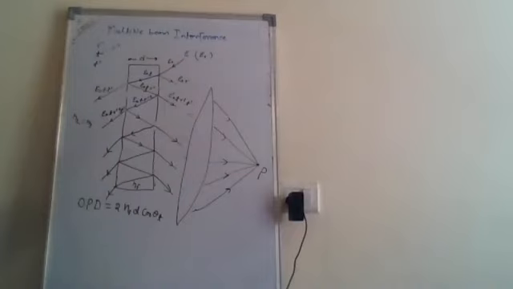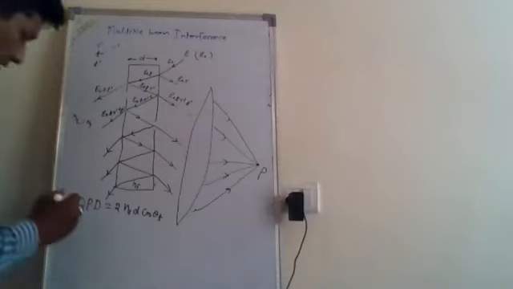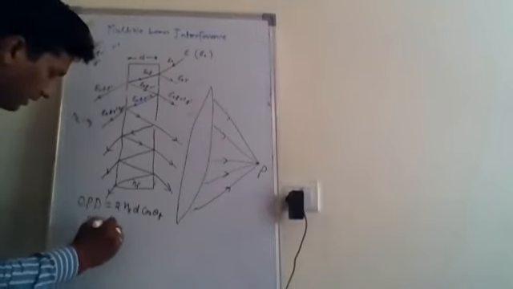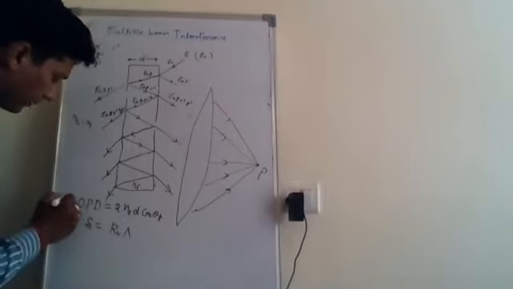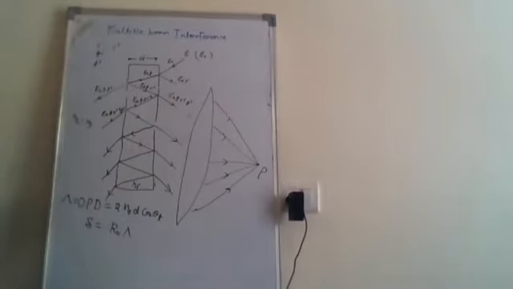Okay, so if you know the optical path difference, we can also calculate the optical phase difference, as we know the relation: delta equals 2 pi by lambda into the optical path difference.